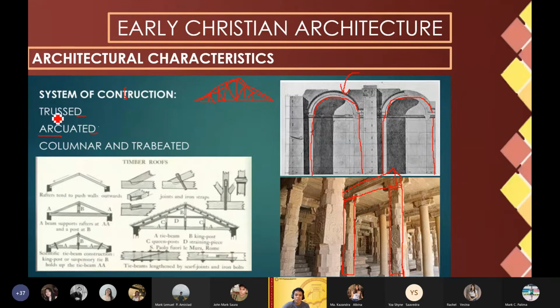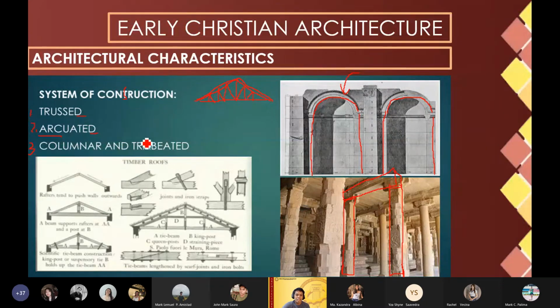Please don't forget these three. They are basic types of construction used before, and we still use them now. Trusses for roofing, and arches, not that popular these days, but we use the arch as a form, though it no longer works the same way.